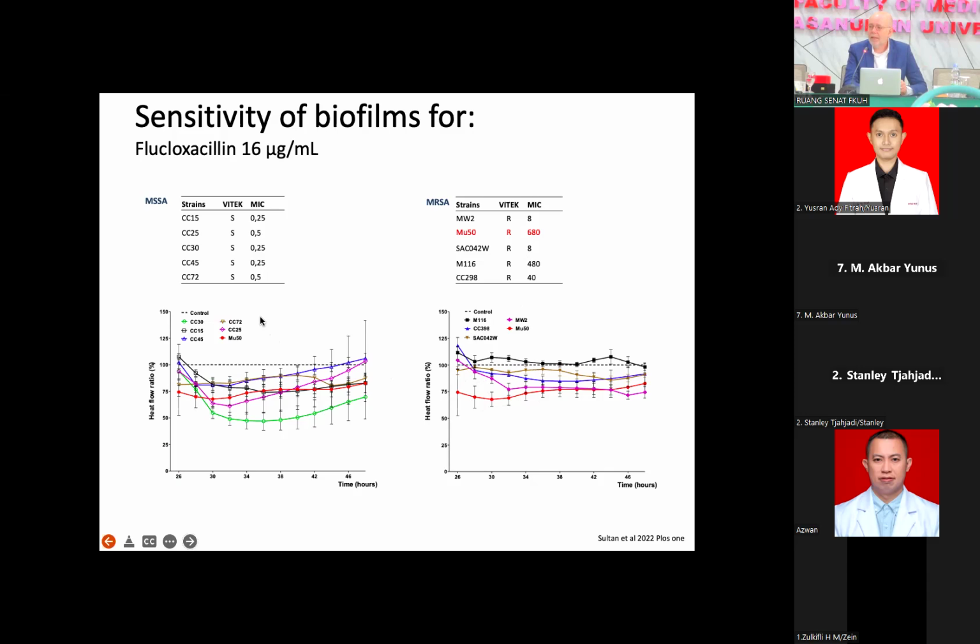But what is disturbing is the MSSAs, and we put in the MU50 on the left side again as a control, which is resistant. I hope you can appreciate that MSSAs in a biofilm are not sensitive to flucloxacillin under the conditions tested.